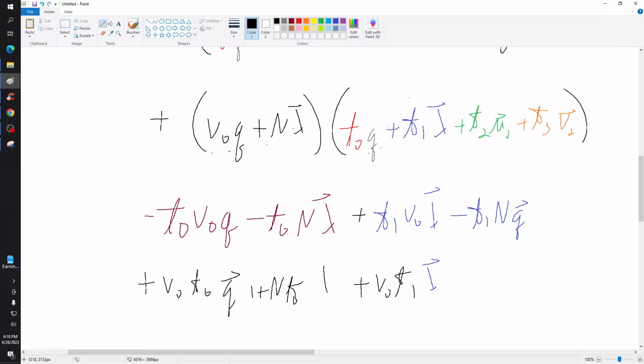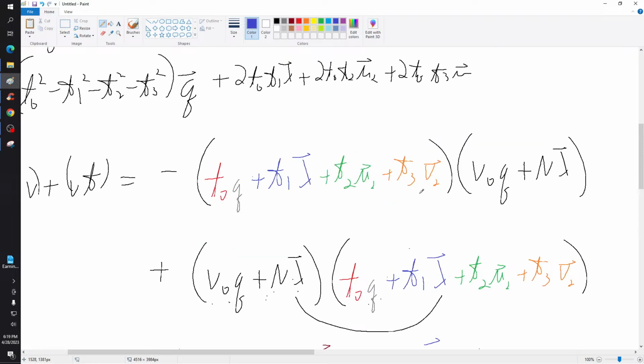Lambda times Q is positive lambda. And then we get plus N T1. And then lambda times lambda is -1. Okay. So we should get minus, we get minus here. And then the other one was actually plus, because up here we have lambda times lambda, which is -1, but a minus sign, which is positive.